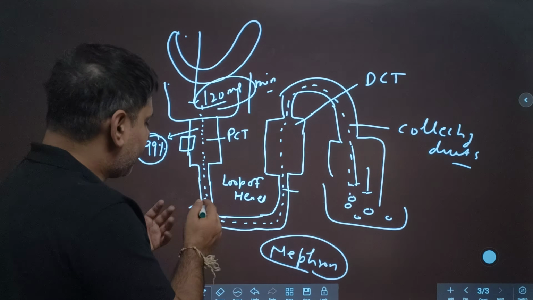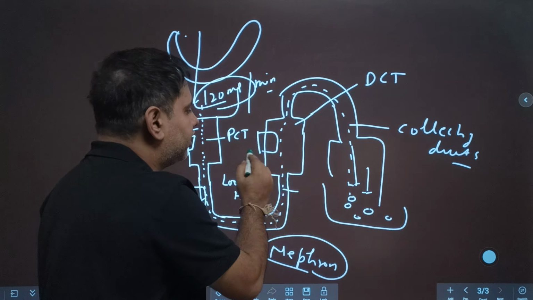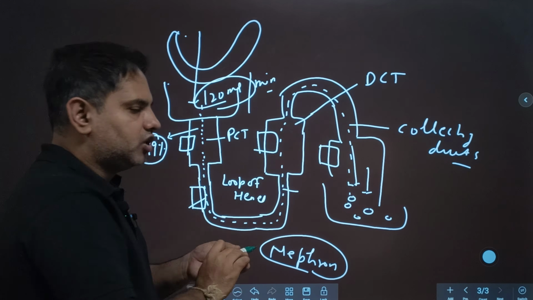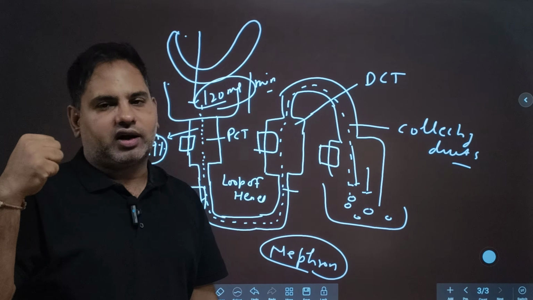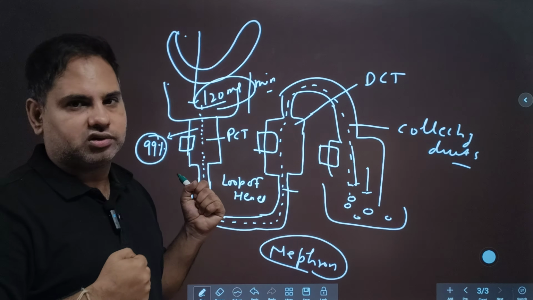There are ion channels in the loop of Henle, in the distal convoluted tubule, and here as well. Whatever filtrate you get is going to be reabsorbed back to the systemic circulation.